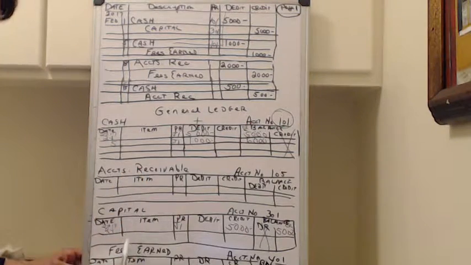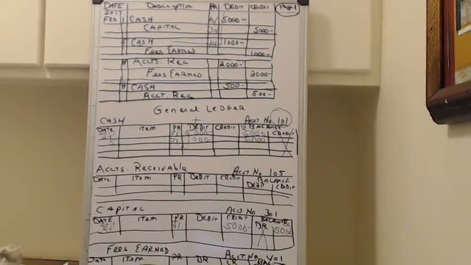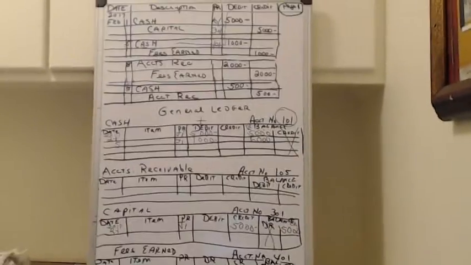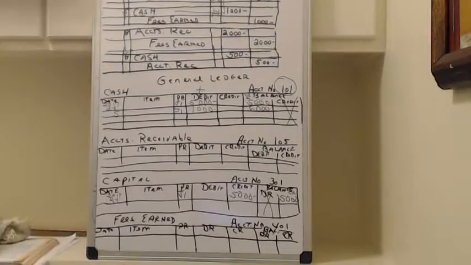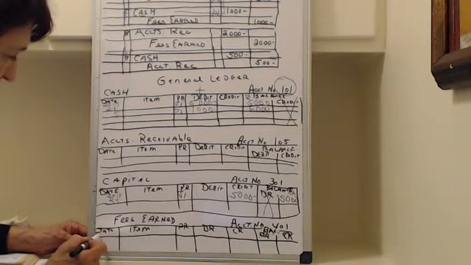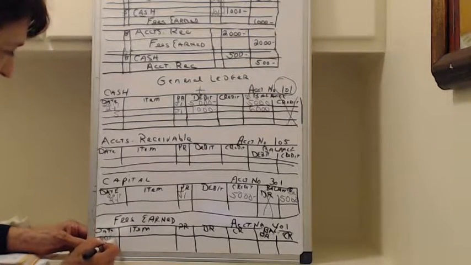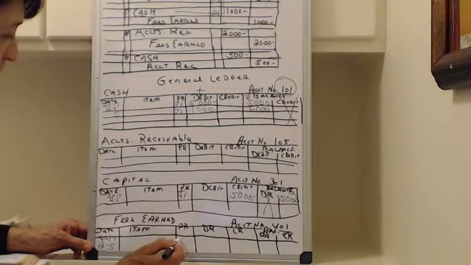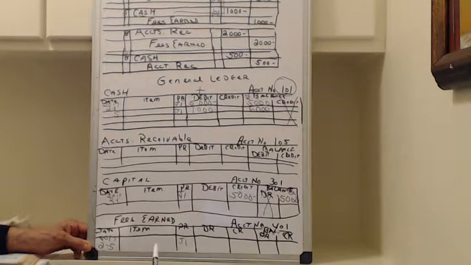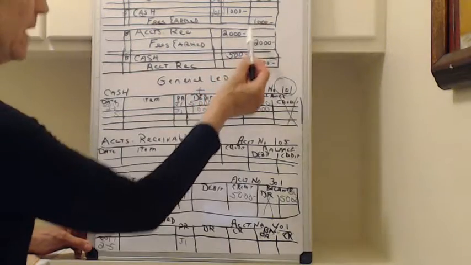I'm going to my fees account, and I need to move this a little bit so you can see a little bit better. Fees, and I'm going to come with the date again, 2017, February the 5th, J1, and I'm going to put a credit of 1,000.